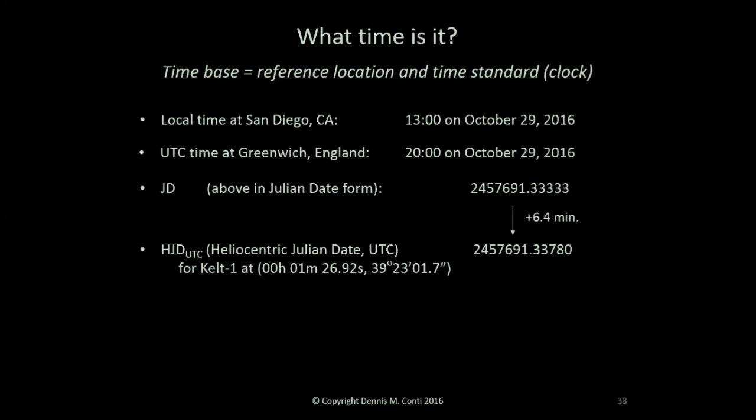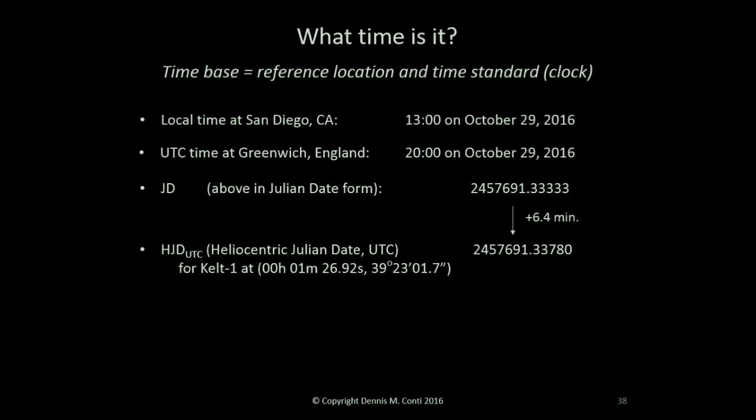That difference, believe it or not, is about 6.4 minutes. So getting a little bit more accurate, independent of our reference location on Earth and its location in the orbit, we can talk about using a heliocentric Julian date.